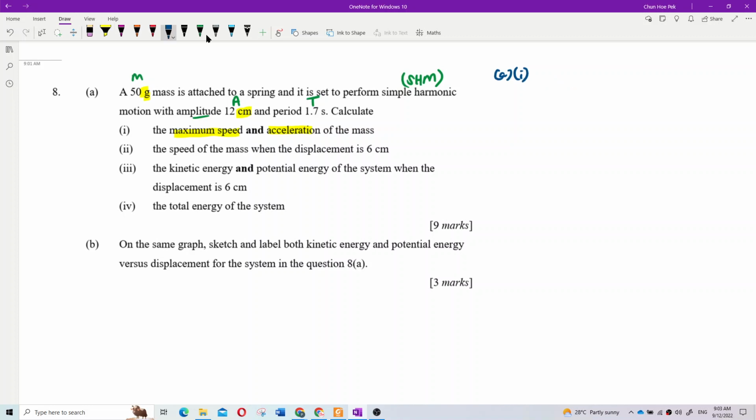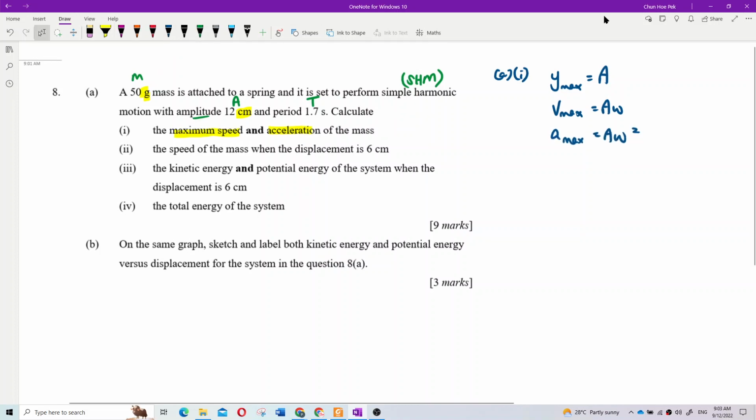Remember: Y max is the displacement, which is the amplitude, V max is A omega, and A max is A omega square. Y max, V max, A max.